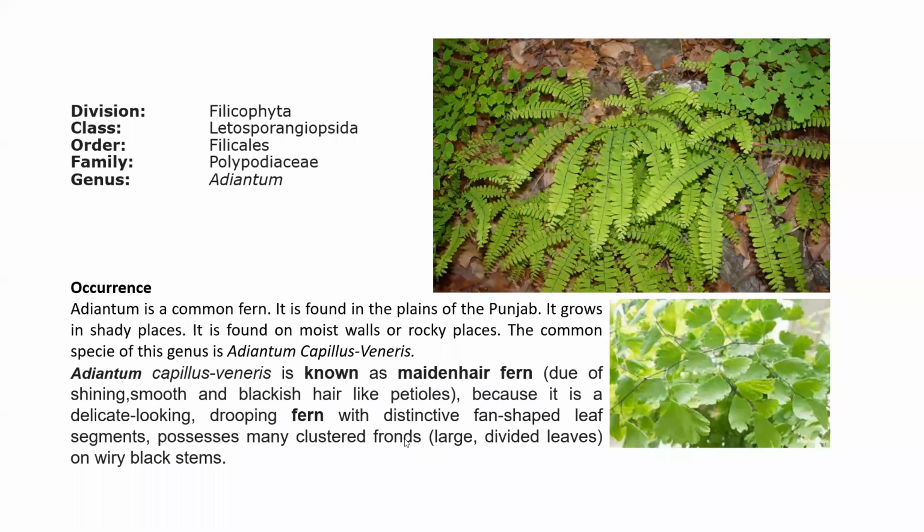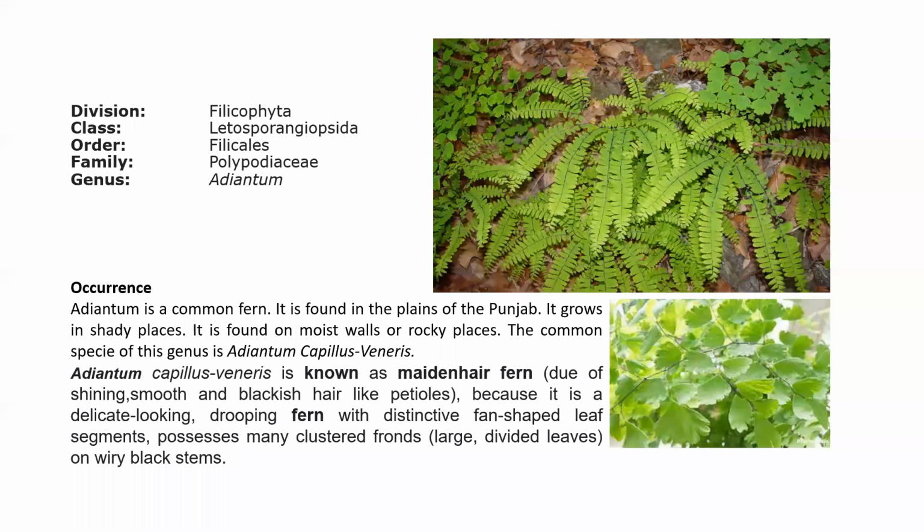The species of the Adiantum vary in their vegetative structures. Mainly, the main vegetative body is the sporophyte, as in other pteridophytes. So the main body of the Adiantum is sporophytic in nature. And it is differentiated into root, leaves, and rachis, sometimes also known as the stem.